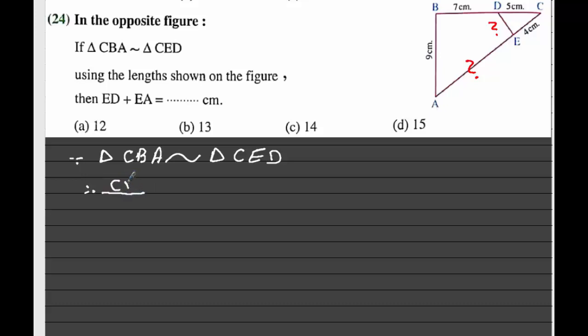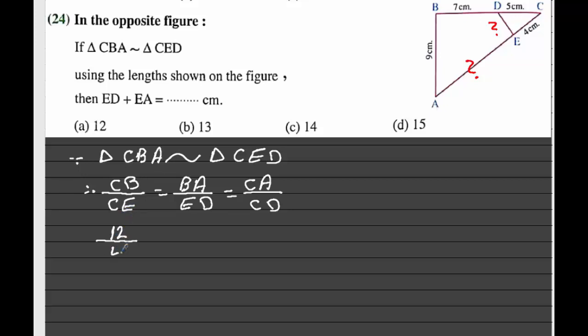So CB over CE equals BA over ED equals CA over CD. Now substitute. CB equals 5 plus 7, it's 12, over CE. What is the length of CE?